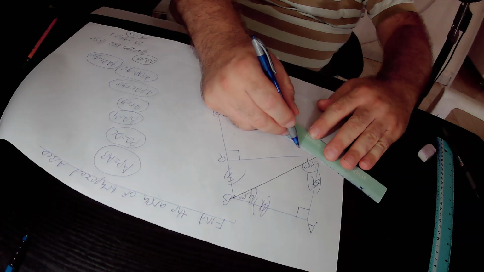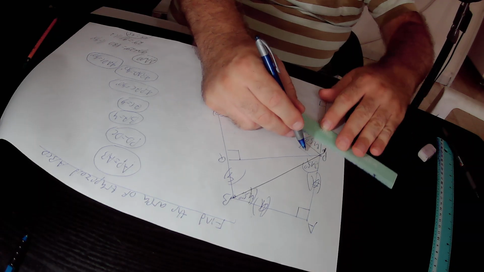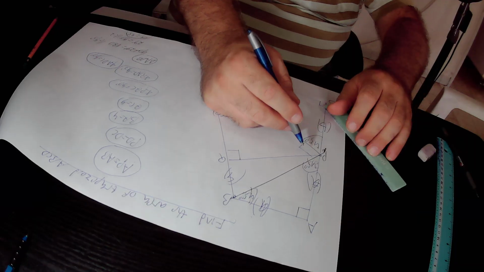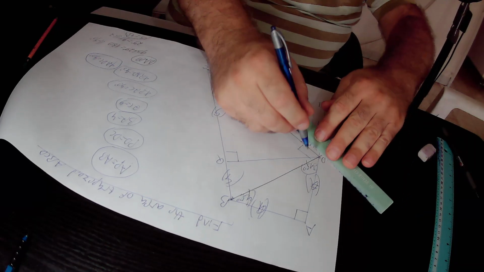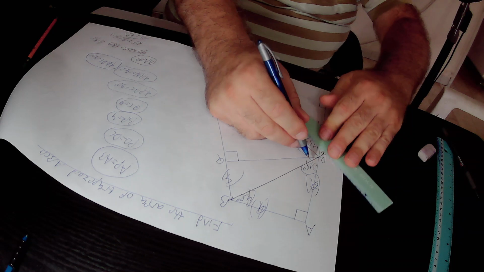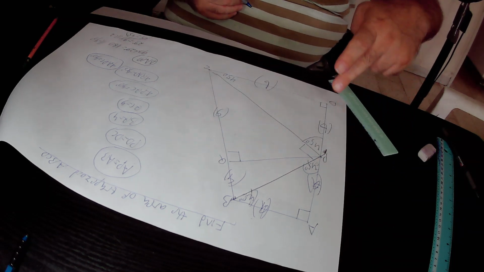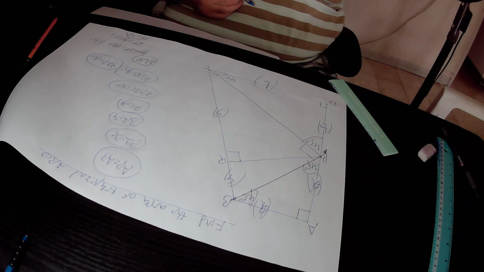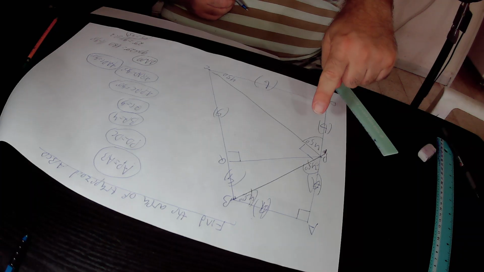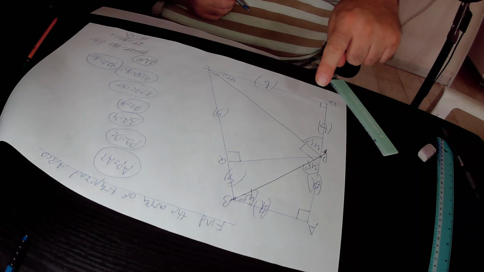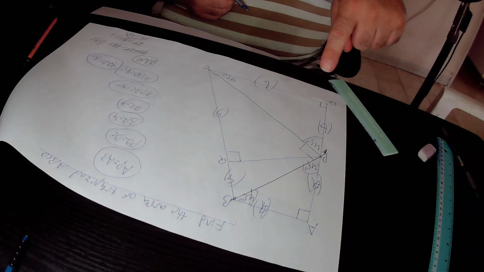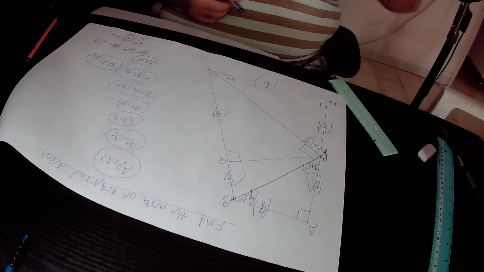Why? Because 90 degrees plus 90 degrees is 180 degrees. That is the sum of the angles on the right side of the straight line AD at point P according to rule 3. The missing angle is again BPC, that is the right angle.